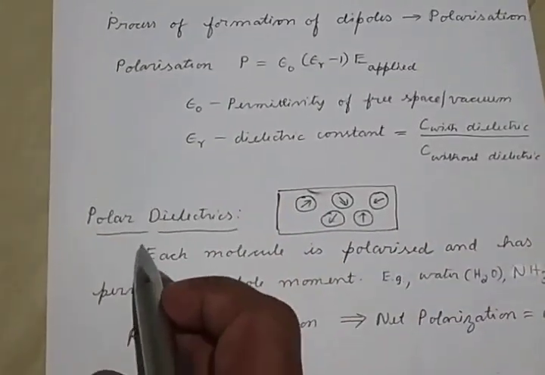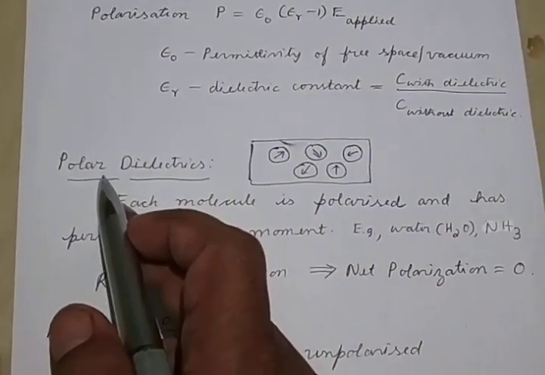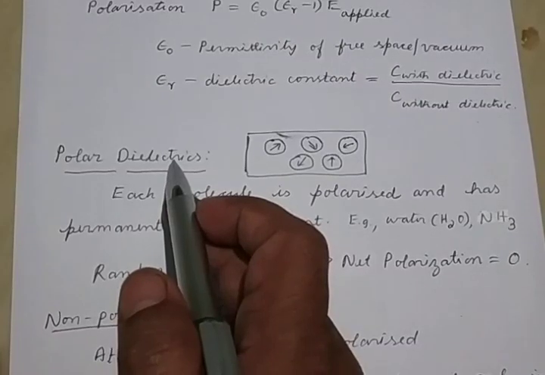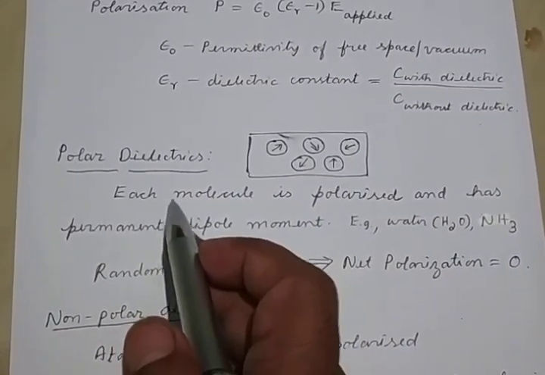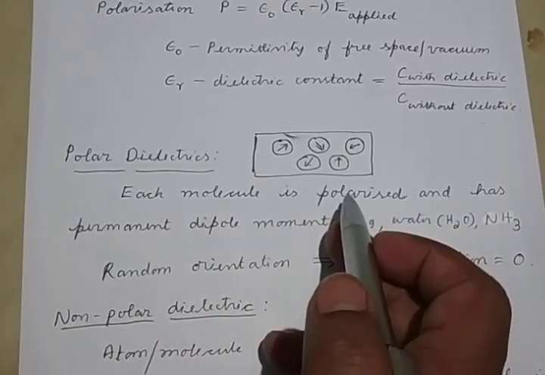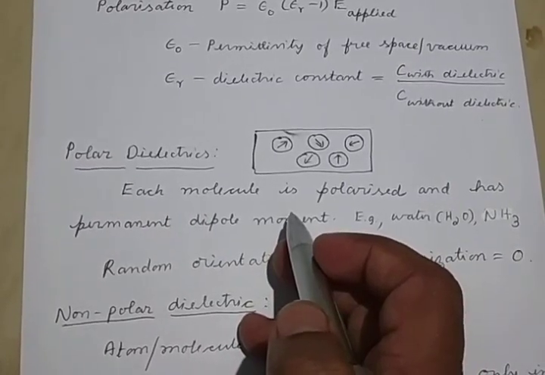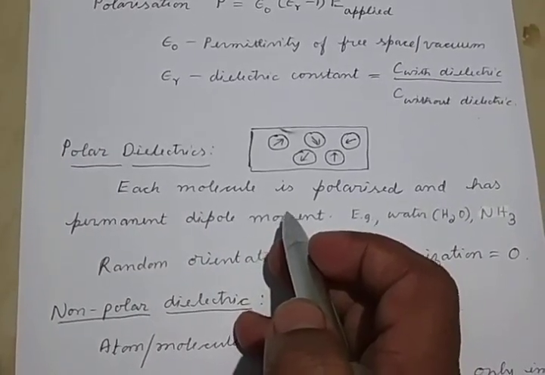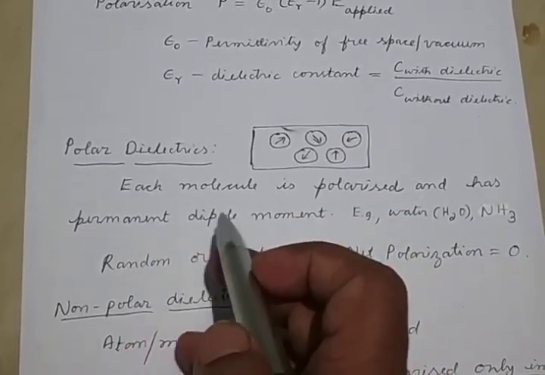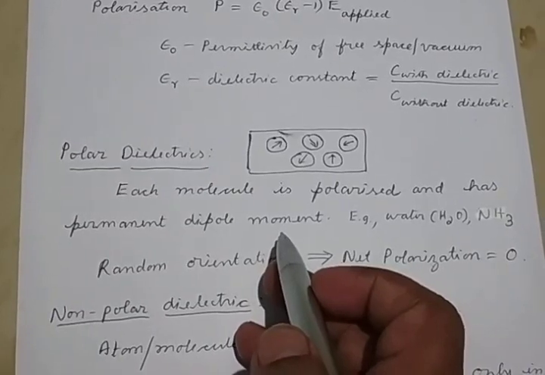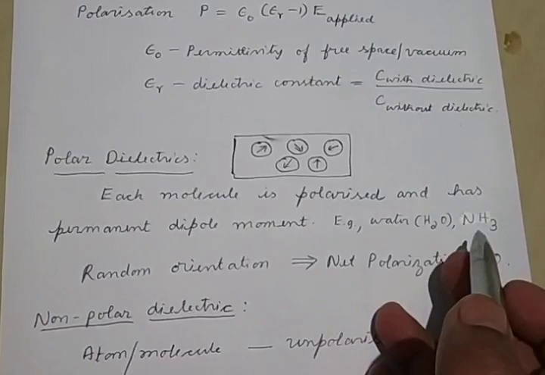Now let us see two types of dielectric materials. One is polar dielectric. So what is a polar dielectric? In polar dielectric we see that each molecule is polarized and has a permanent dipole moment. The molecule, intrinsically, has polarization and a dipole moment. That's why we call it a permanent dipole moment. Examples for this are water and ammonia.